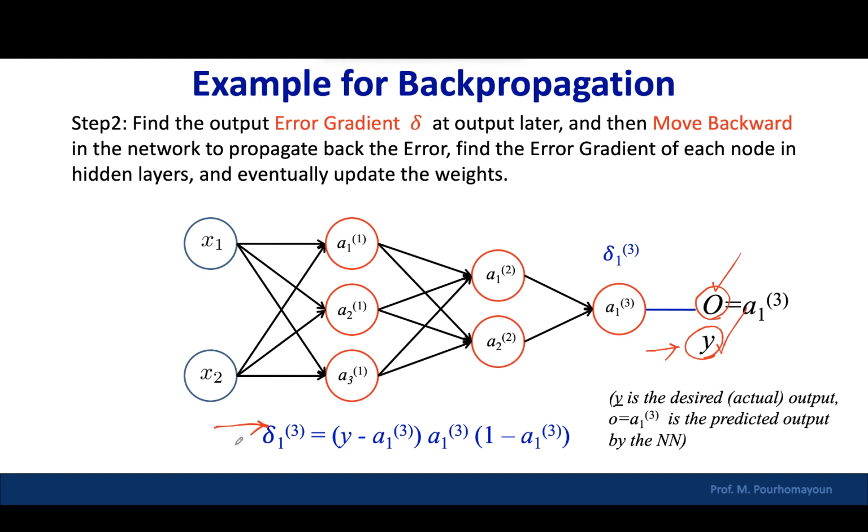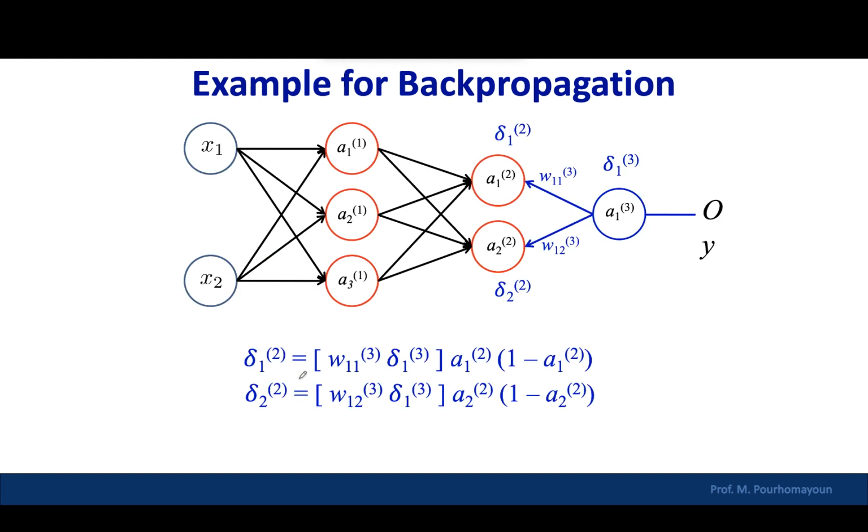And so this is the gradient error at this level. Okay, I just calculate that using this formula. And now look at this, I just backpropagate this backward into the network using the same weights that I had from before.